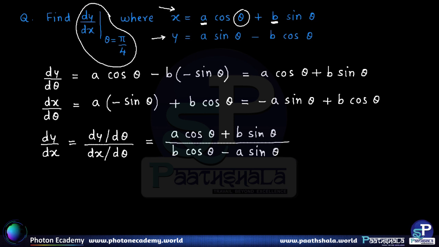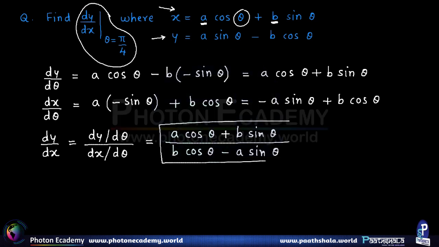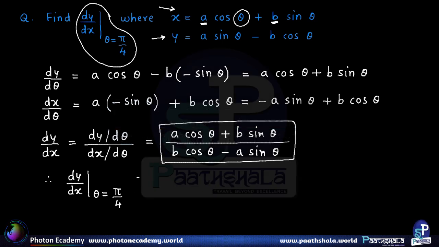Now this is the value of the derivative in general, that is in terms of theta, but we are asked to find the value at a particular point, that is dy by dx when theta is specifically pi by 4, and we know that is 45 degrees. So we have to replace theta with pi by 4.